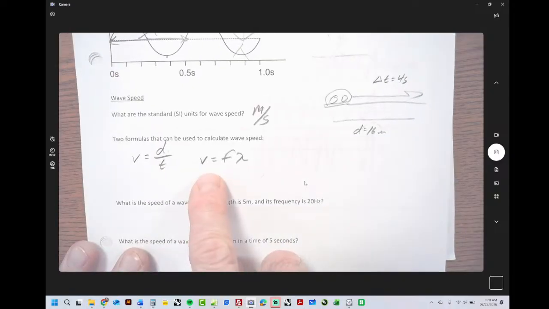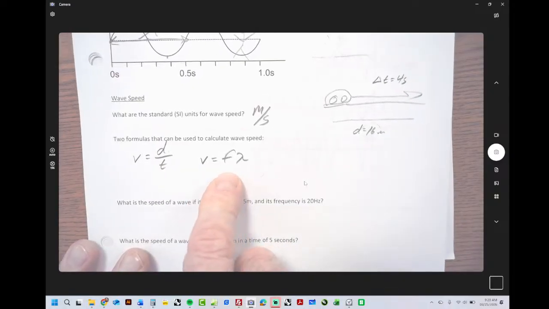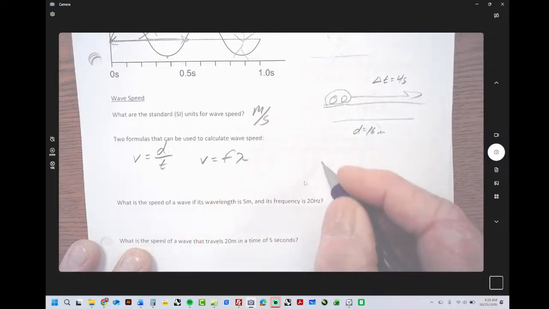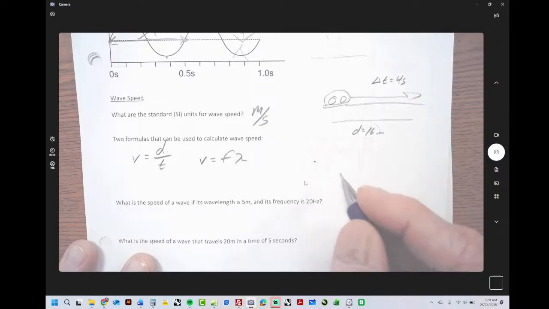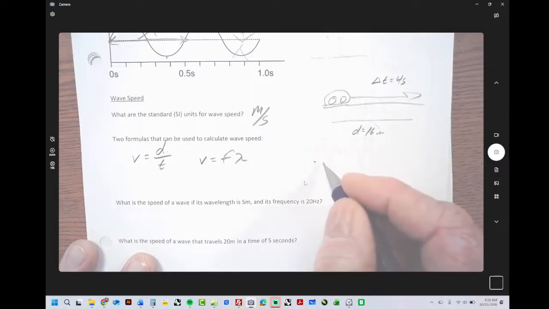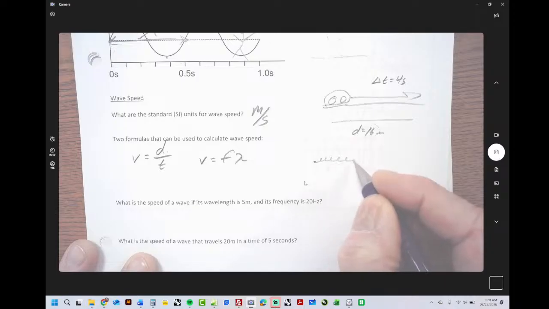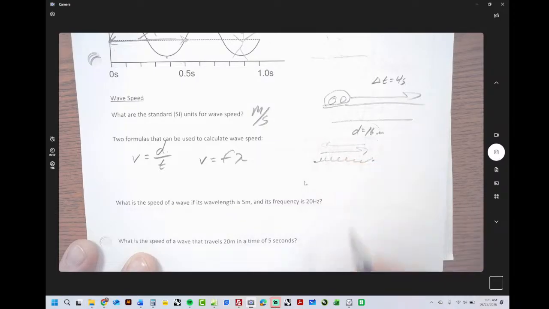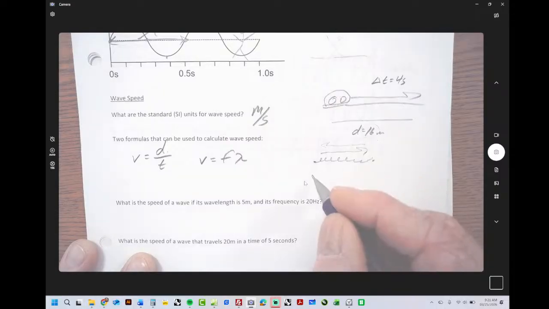And this is going to be important when we're trying to figure out what's happening on a guitar string. You remember when we were in the hall? Oh, I fixed the slinky, by the way. It's okay. We were in the hall, and we had this slinky, and we were sending waves down it. They were going down and coming back. And we could send a couple of different kinds of waves.